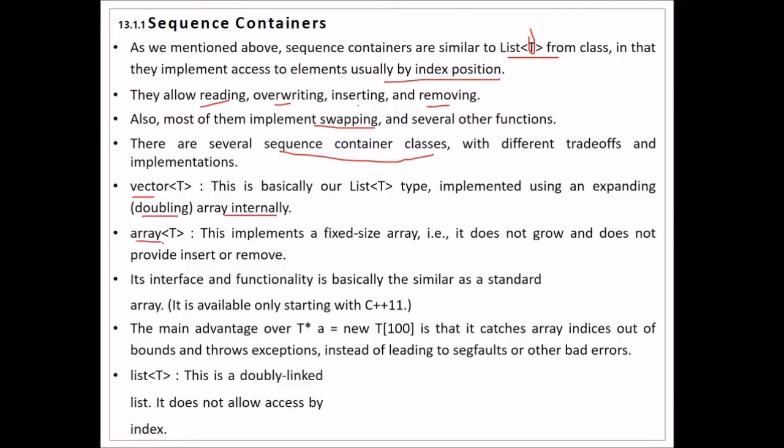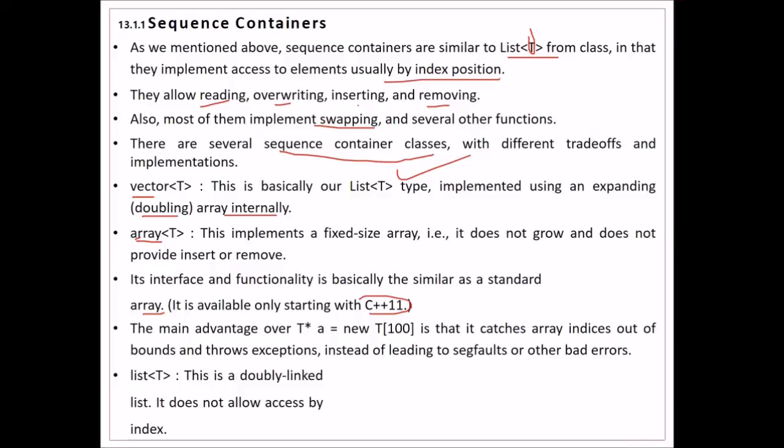Okay, this array T is implementing a fixed size array. It does not grow, and does not provide insert or remove. This interface and functionality is basically similar to a standard array. It is available only starting with C++11.